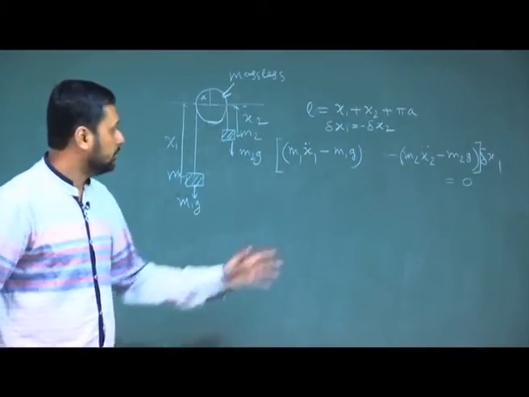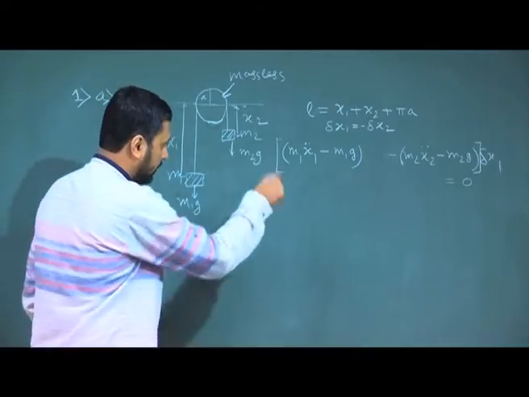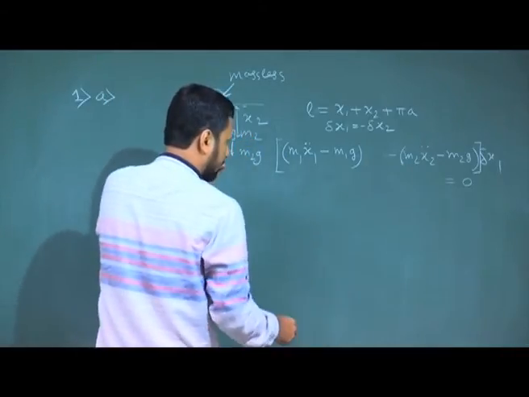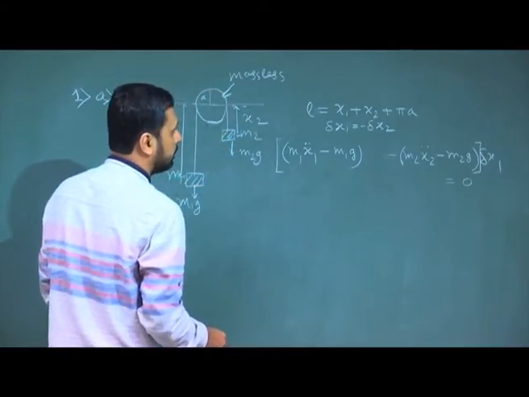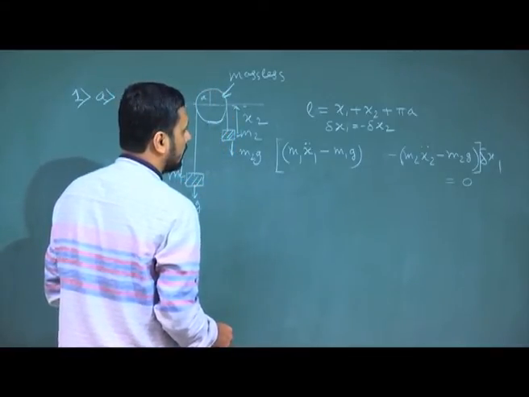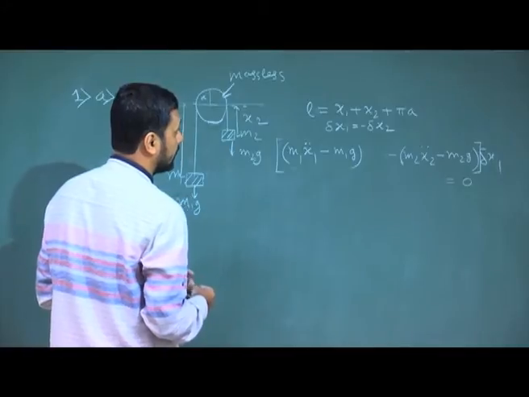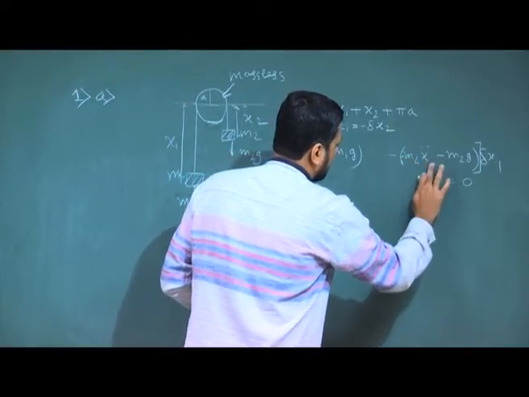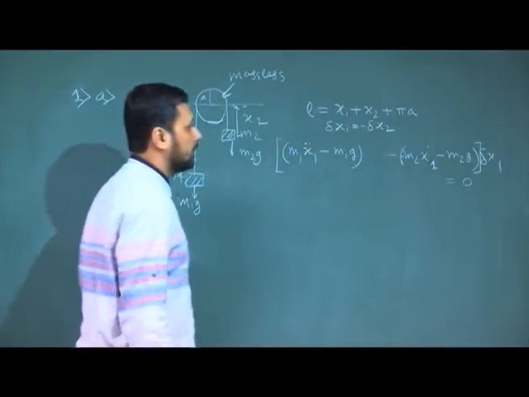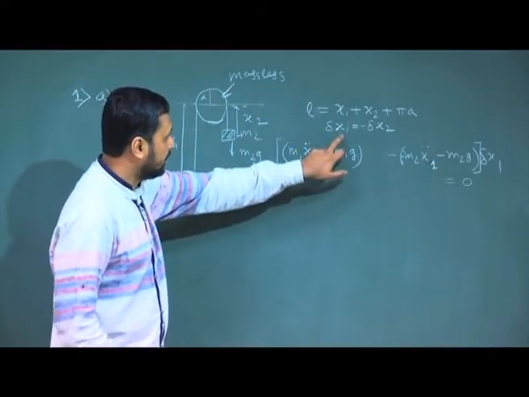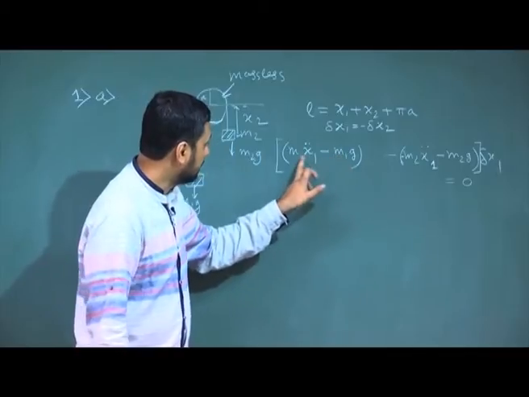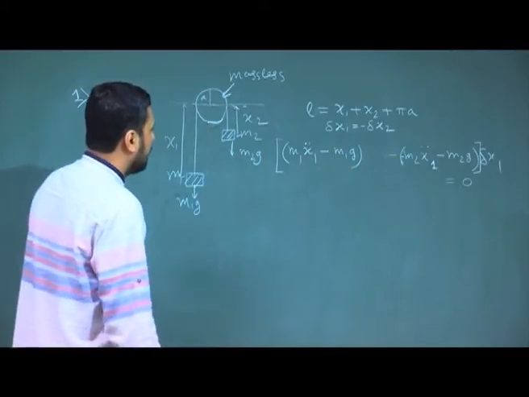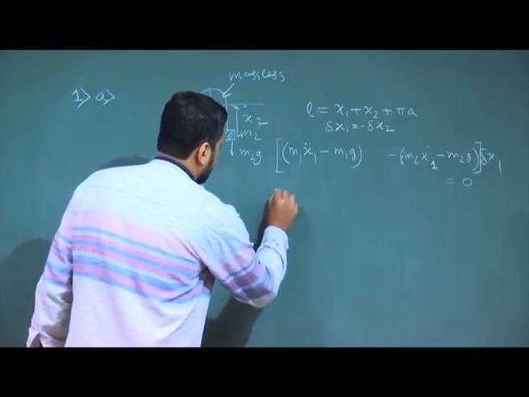So, you use this relation. There is a delta x2 also, which has to be merged with delta x1. If this is the case, then the double dot will also have to be replaced. So, you do that.